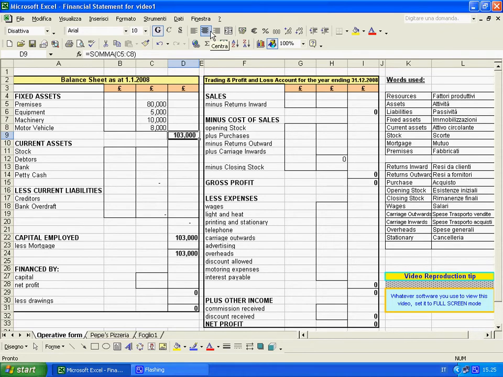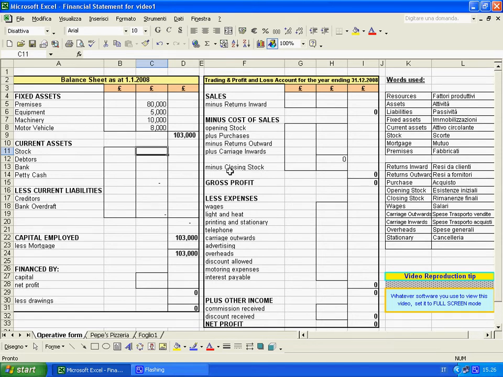So the total amount for fixed assets needed by the business or by the company is £103,000. Then we can go further and look at the part that we here is titled current assets.